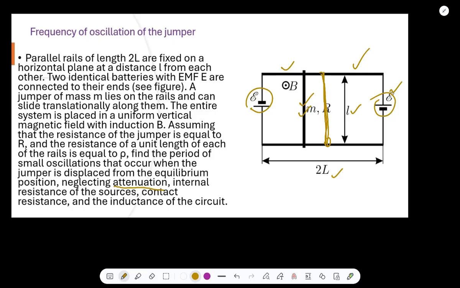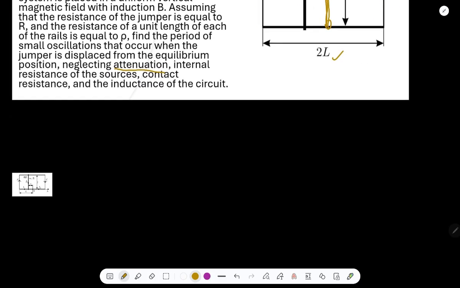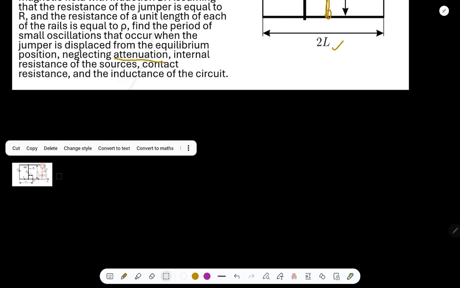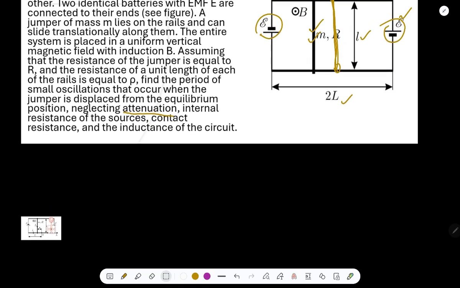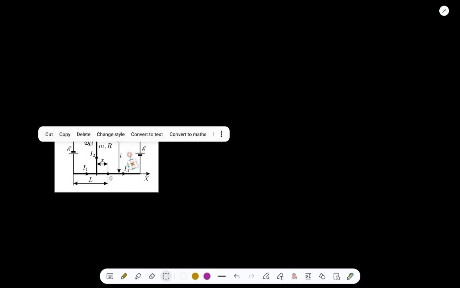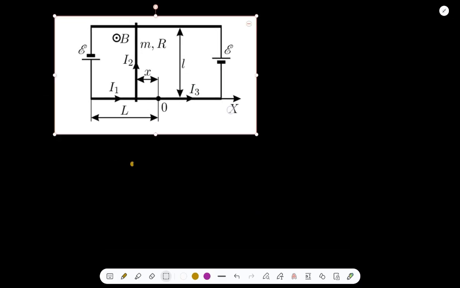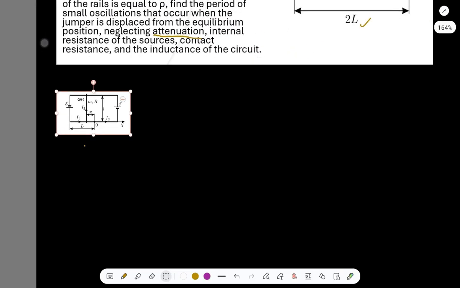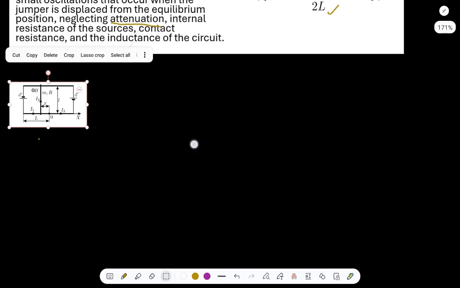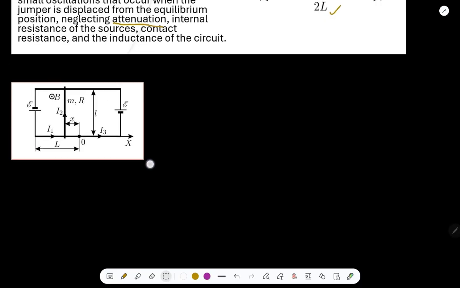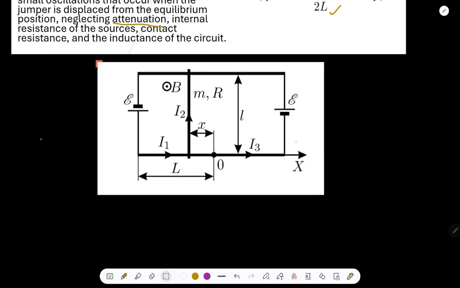So to make things easier, I'm going to assume that, let me draw a picture here. It is already drawn, so I just need to make it bigger. This is the picture.